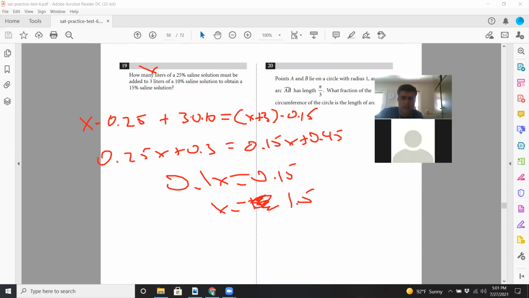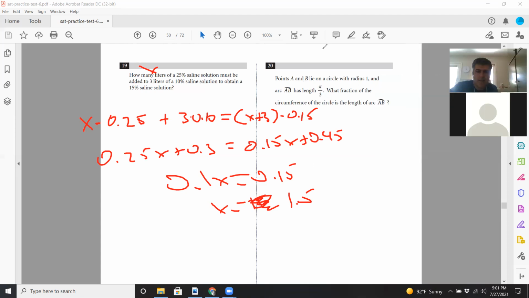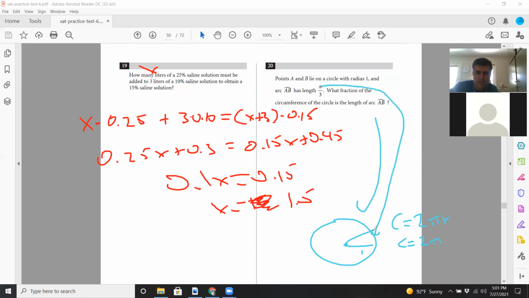And then finally for 20, that one is using a bit of proportional reasoning. You have a circle, radius of 1. The circumference is 2 pi r, which is the distance around the whole circle, which will be 2 pi, of course. But if you have an arc that's pi over 3, that's actually 1/6 of the whole circle.